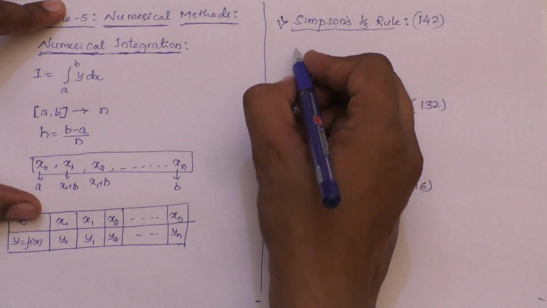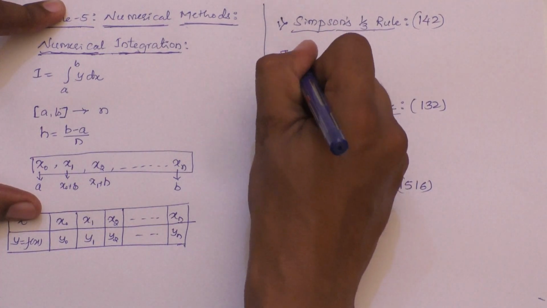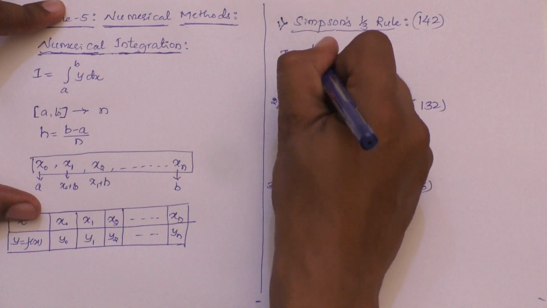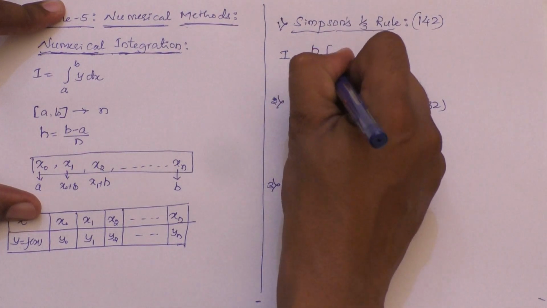Simpson's 1/3 rule: the integral value we can directly write as I equals h by 3 into a bracket.